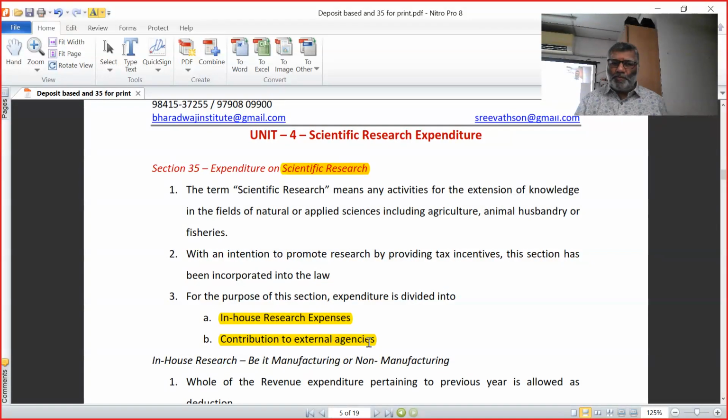So that's why you will see, be it manufacturing or non-manufacturing, there is a problem. If you take past question paper answers, it will not tally, because there they would have given 150%, 125%, 200%.